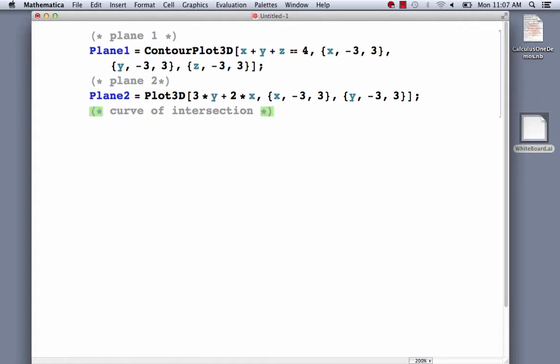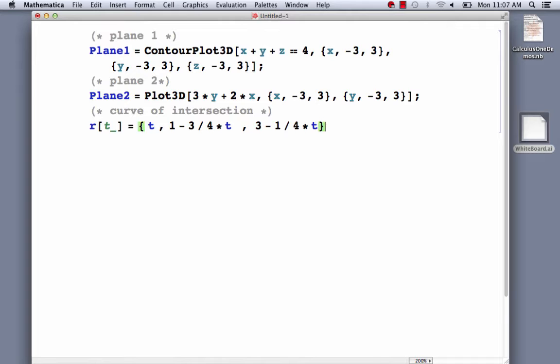Now let's plot the curve of intersection. It is a 3D vector valued function in one variable. So t was my one variable, and I need to put in 3 entries here. The first entry is x of t, that would be t. The y entry would be 1 minus 3/4 times t, and the z entry is 3 minus 1/4 times t.